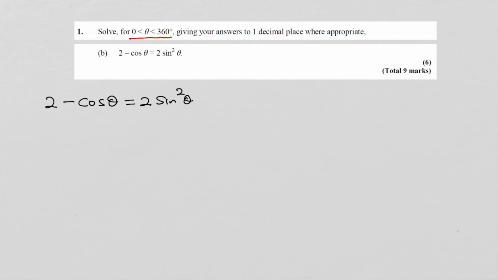Just to remind you, the fundamental identity we know is cos squared theta plus sine squared theta equals 1. So what I'm going to do is replace the sine squared theta, so I can make everything cos. So I'm going to make sine squared theta the subject here.